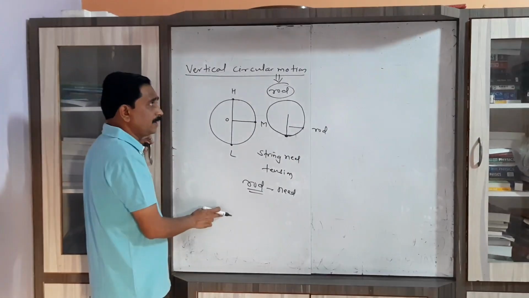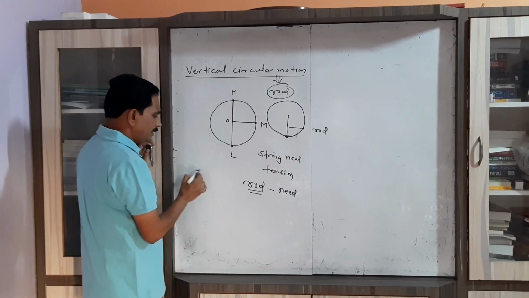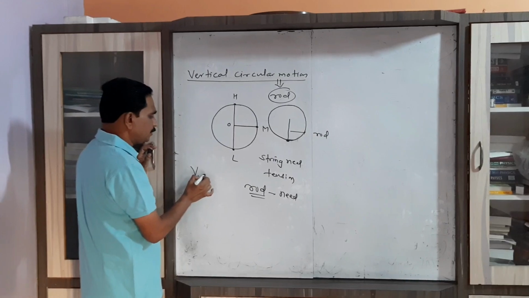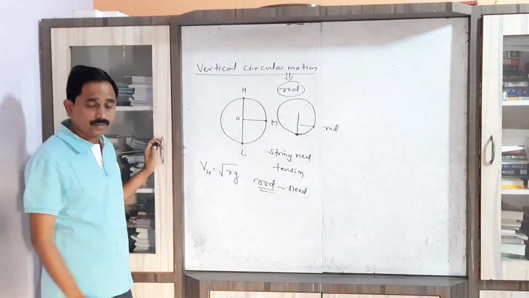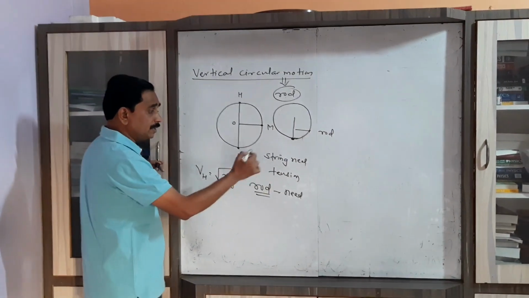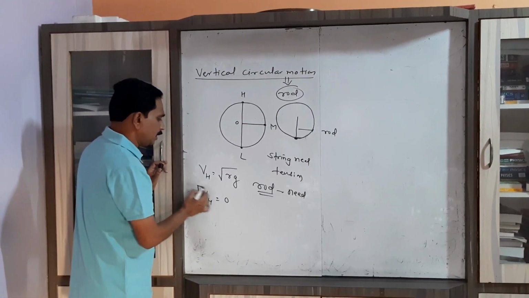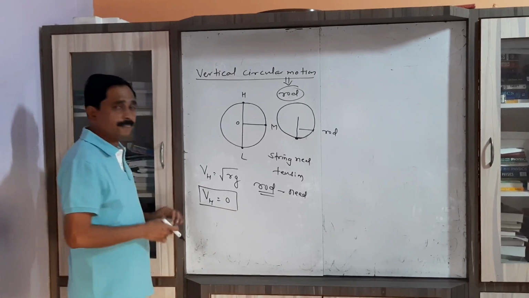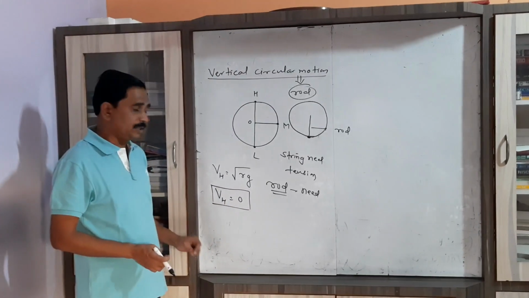So you have to keep in mind, when we use the string, the velocity at the highest position is equal to under root of rg. But when we consider the rod, the velocity of that body at the highest position is equal to 0.